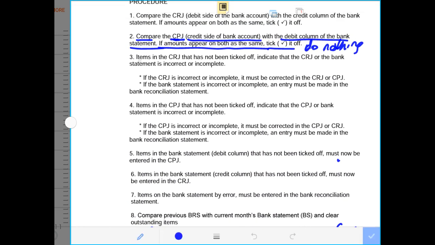Number 3 says items in the cash receipt journal that have not been ticked off indicate that the cash receipt journal or the bank statement is incorrect or incomplete. And it says if the cash receipt journal is incorrect or incomplete, it must be corrected in the cash receipt journal or in the cash payment journal.